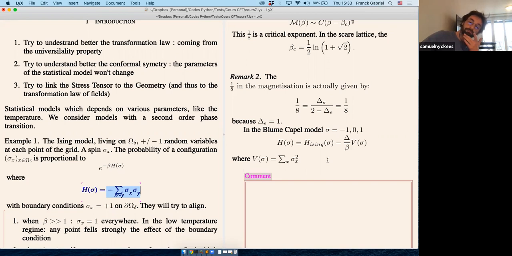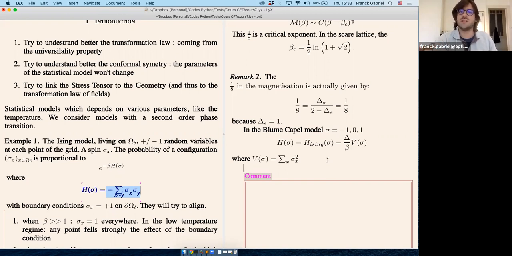And typically, if you look at books, it's never written. In fact, books just work with CFT. They tell you there are those fields, but they don't tell you what it corresponds to on the discrete level. There are even people who do Ising CFT without knowing that it's coming from an Ising model. They don't care.